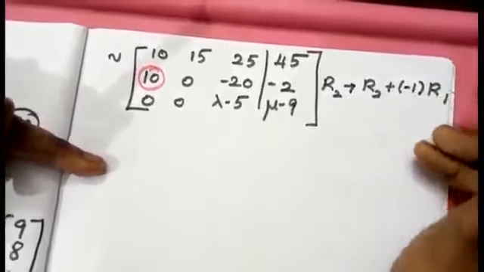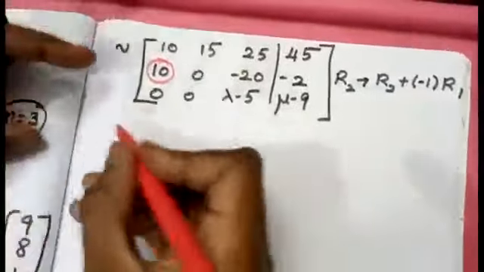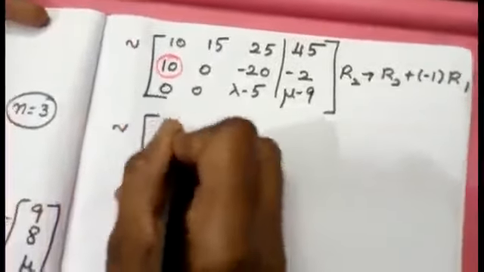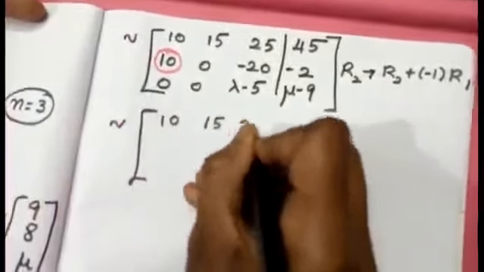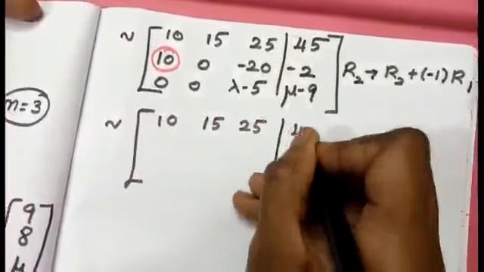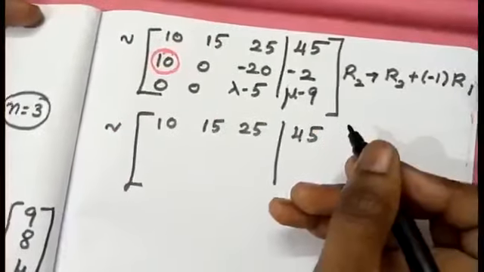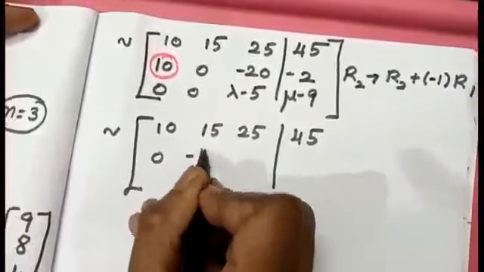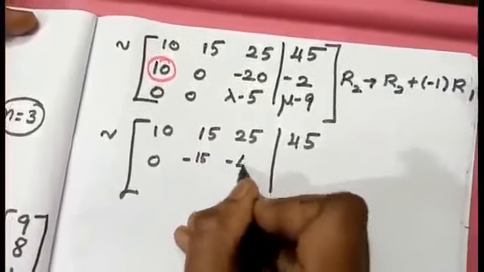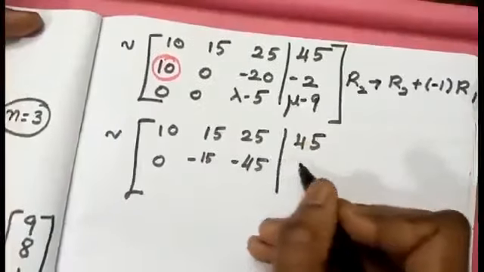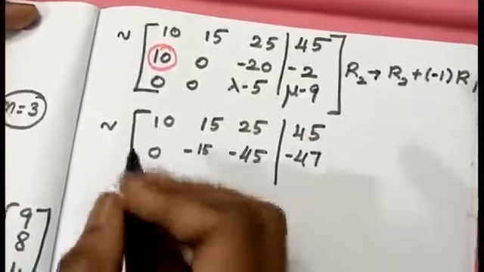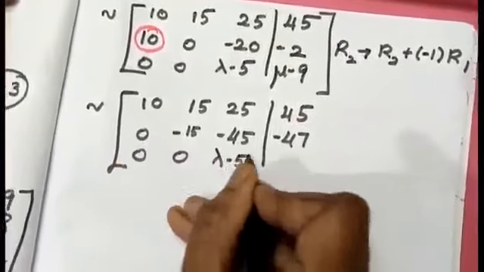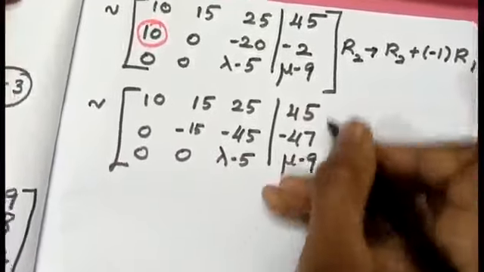If I do this calculation, I get this answer: 10, 15, 25, 45. The second row will be 0, minus 15, minus 45, minus 47. The last one is 0, 0, lambda minus 5, nu minus 9.